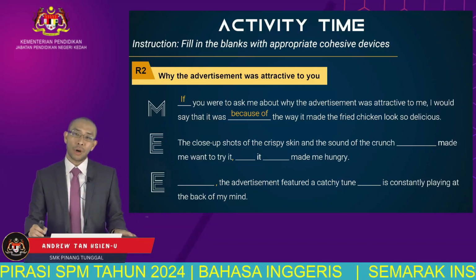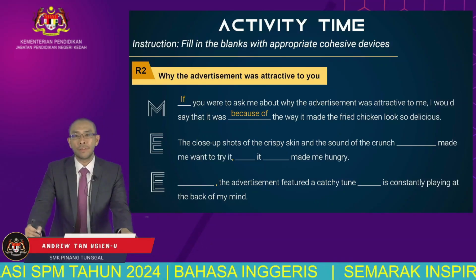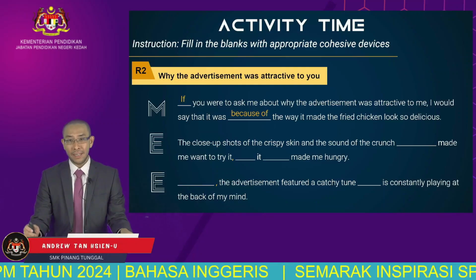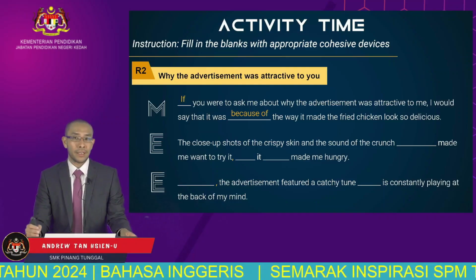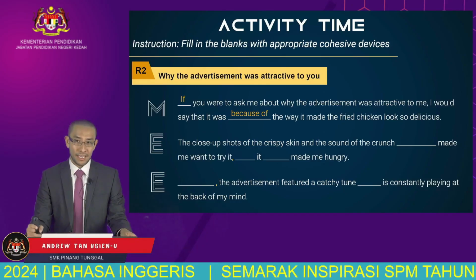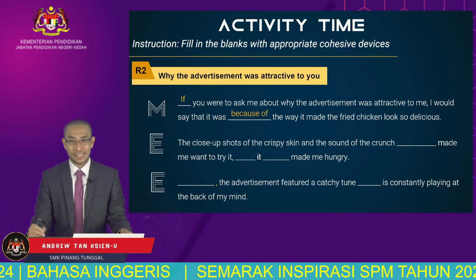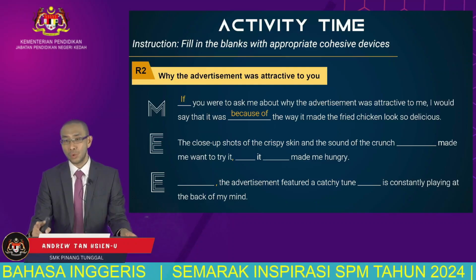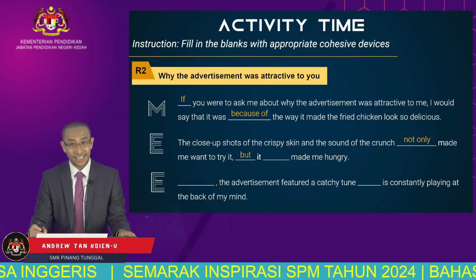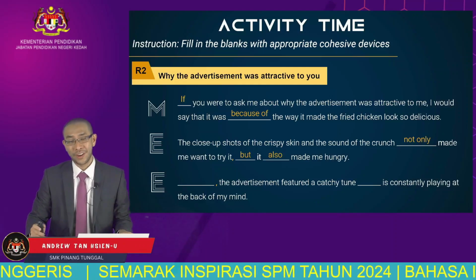The close-up shots of the crispy skin and the sound of the crunch, blank, made me want to try it. It made me hungry. So here, I've included 2 points into one sentence, 2 details. So what should I join it with? Not only, but also.